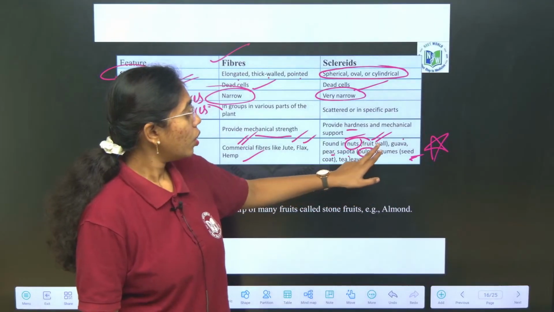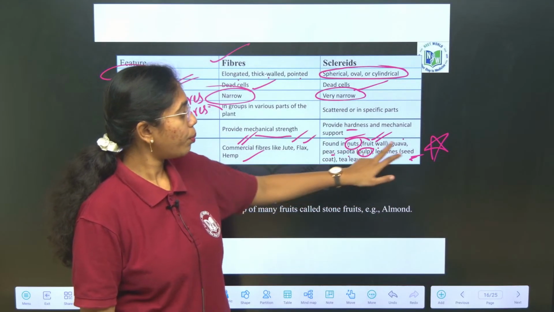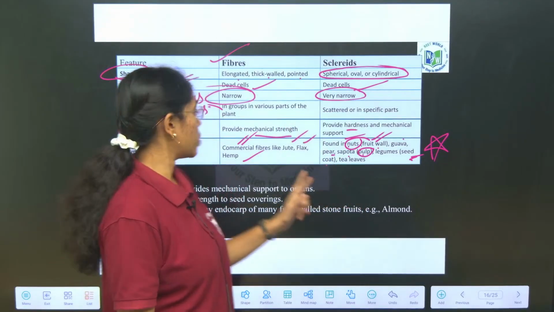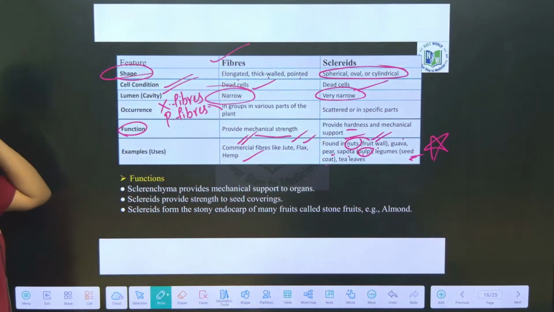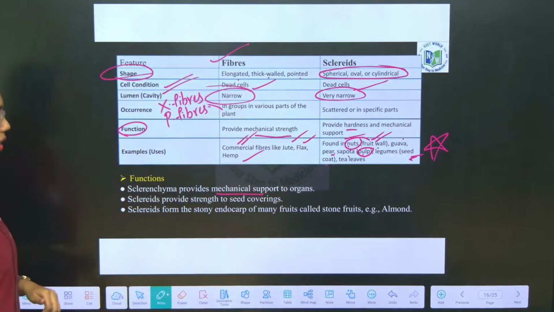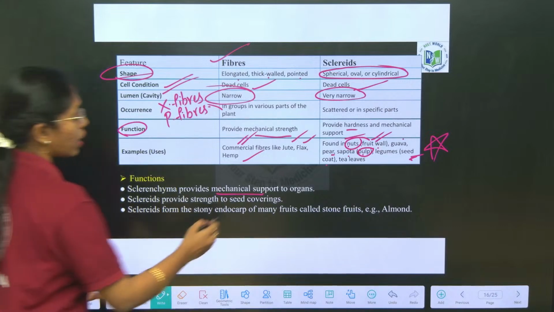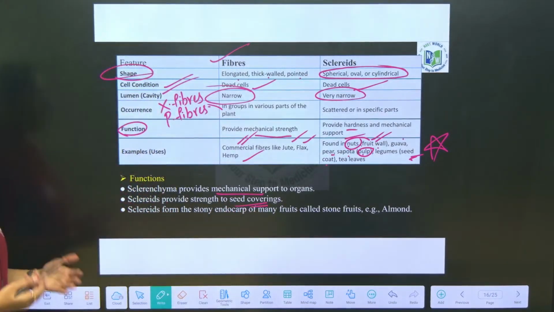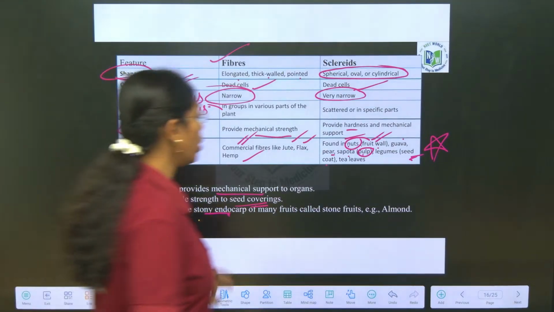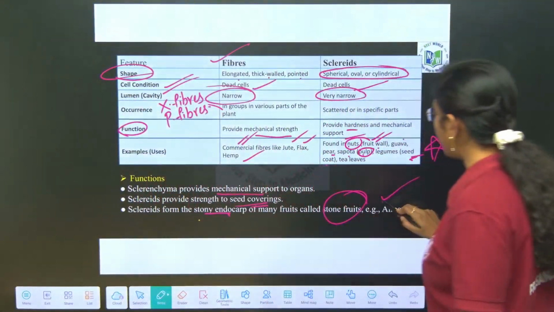Examples include the fruit wall of nuts, pulp of guava, pear and sapota, seed coat of legumes and tea leaves. Next, sclerenchyma provides mechanical support to the organs and sclereids provide strength to the seed coverings. Sclereids form the stony endocarp of many fruits, the stone fruits, for example almond.